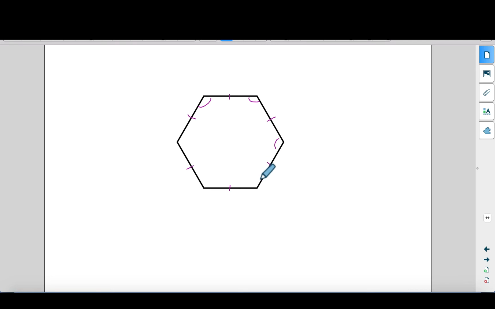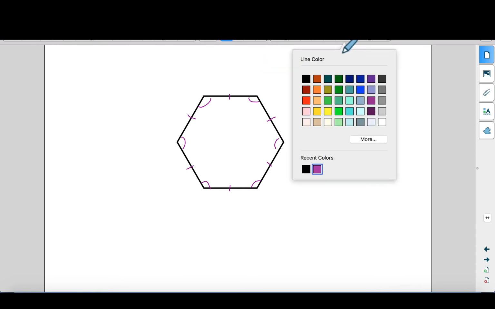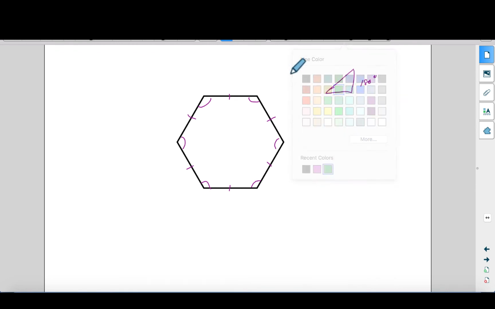Now we understand that inside a triangle the angles equal 180 degrees. But what about something like this where the shape has 6 angles? How do we figure this out? Well, I'm going to show you how to do this. What you're going to do is pick any corner.